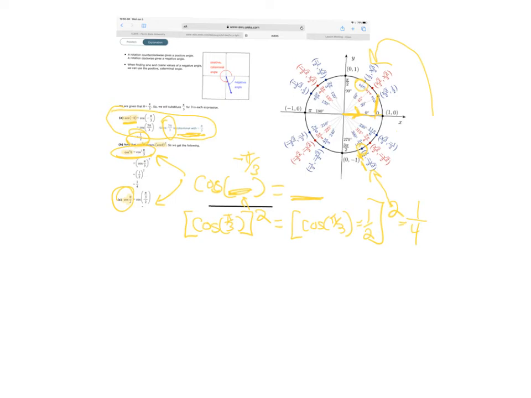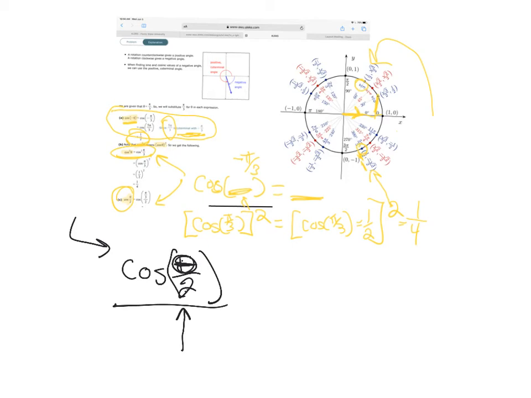Okay. So what about this last one? The cosine of theta over 2. Again, the input value for this function is, I'm going to take theta and divide by 2, and then take the cosine of it. So I do cosine of theta, which is pi over 3. First, I have to divide it by 2.